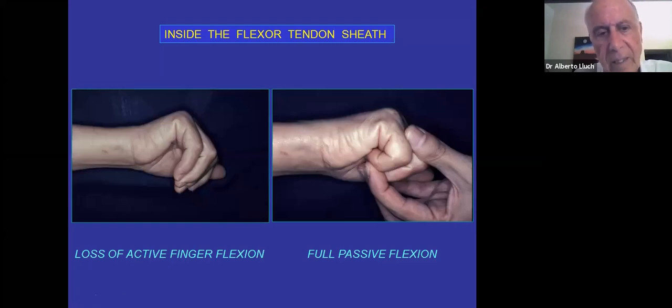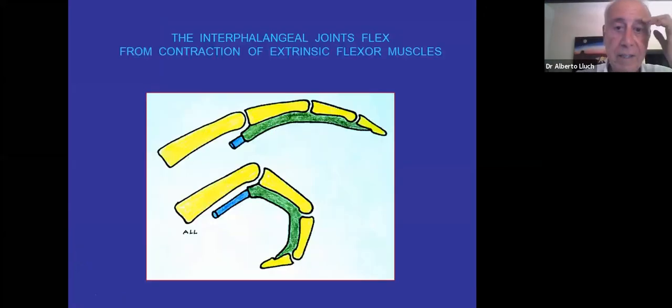Well, let me examine your hand, and then you can see that passively you can flex the fingers, which means that the joints are normal, the PIP joints and the DIP joints, but there are adhesions of the flexor tendon. Well, synovitis, because the interphalangeal joints flex from contraction of the extrinsic flexor muscles.